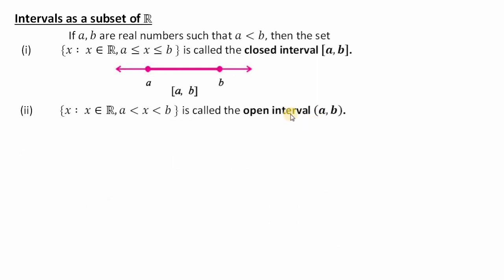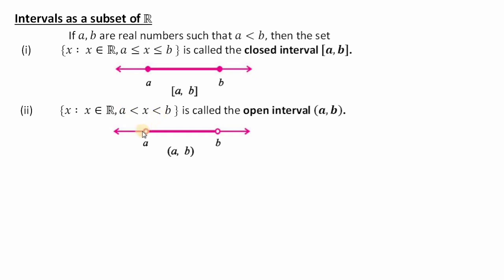So next is called open interval, and open interval is written in this way. In open interval, a and b are not included because we see that a is less than x, that means a cannot be equal to x, and x is less than b, that means x cannot be equal to b. If I have to represent this in a graph, it is represented in this way. The value of x cannot be a, that means x equals a is not included in this set.